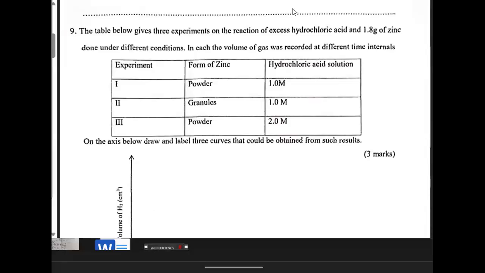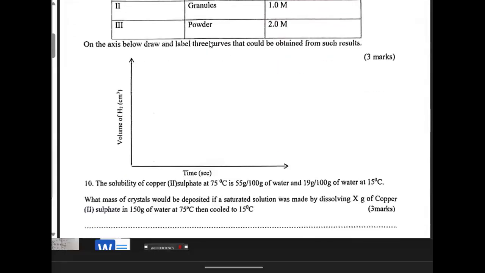We continue with the question below there. I have said on how to draw, the one that has got the highest rate will be the most steep.